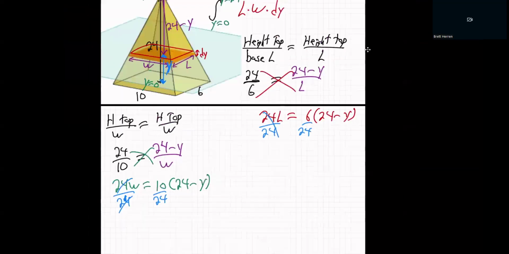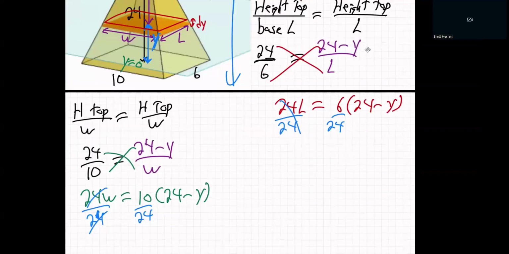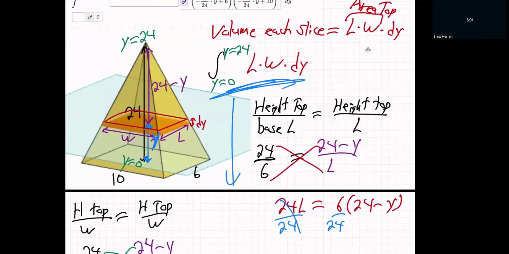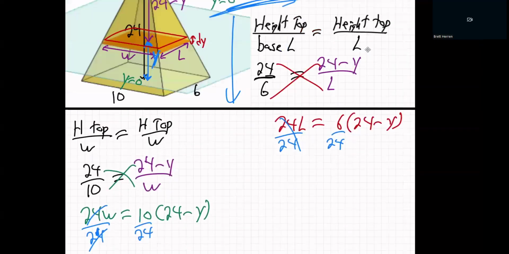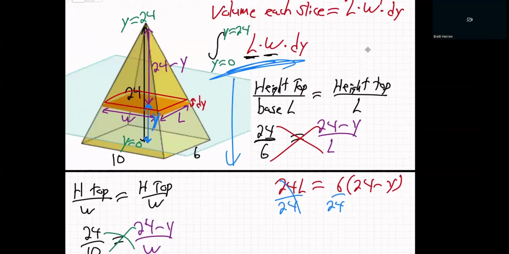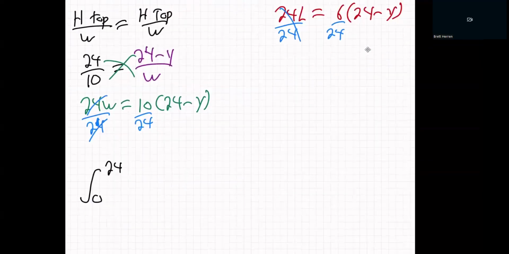We've got W, we've got L. So now we can plug them into our integral. We bring it on down. That's the integral from 0 to 24 of length times width times dy. So the length first, 6 over 24 times 24 minus y.